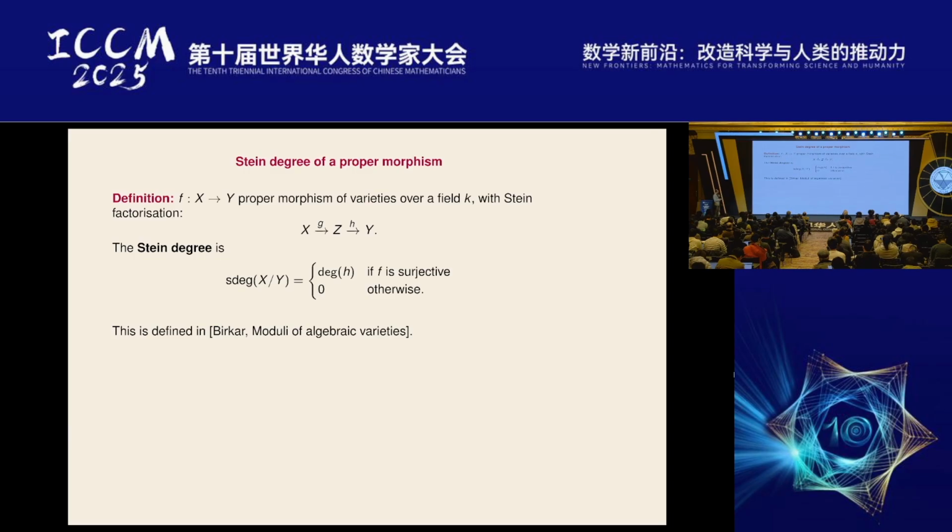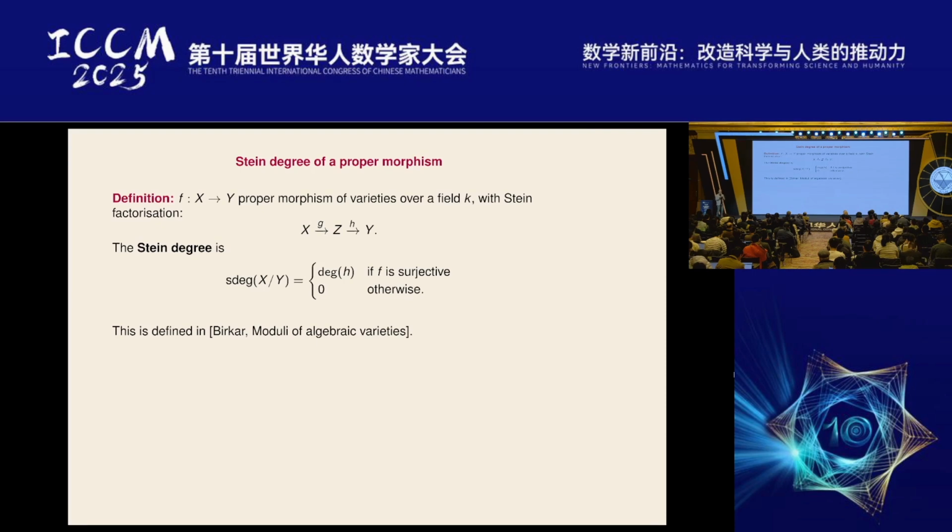Okay, so Stein degree, remember, is just the degree of the finite part. Equivalently, the Stein degree in the surjective case is just the number of connected components of the general fibers. This notion was first formally introduced in one of my papers on moduli theory.